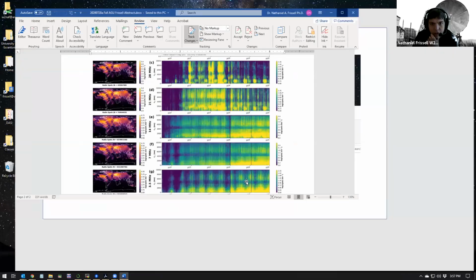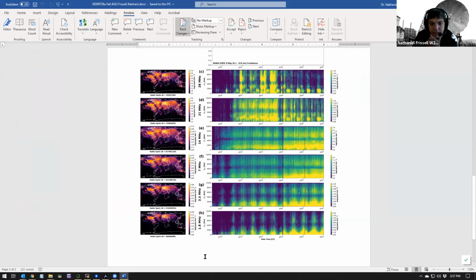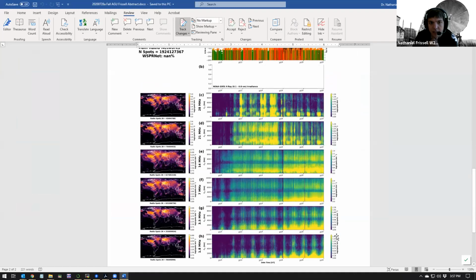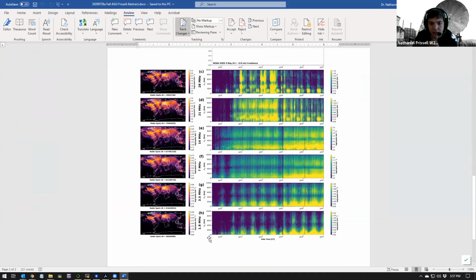I think I might have flashed it on the screen here before. So this is very unprocessed, very preliminary. But what you're looking at right here is essentially a solar cycle's worth of RBN and WSPR data. It starts in 2009 and goes up to 2020.